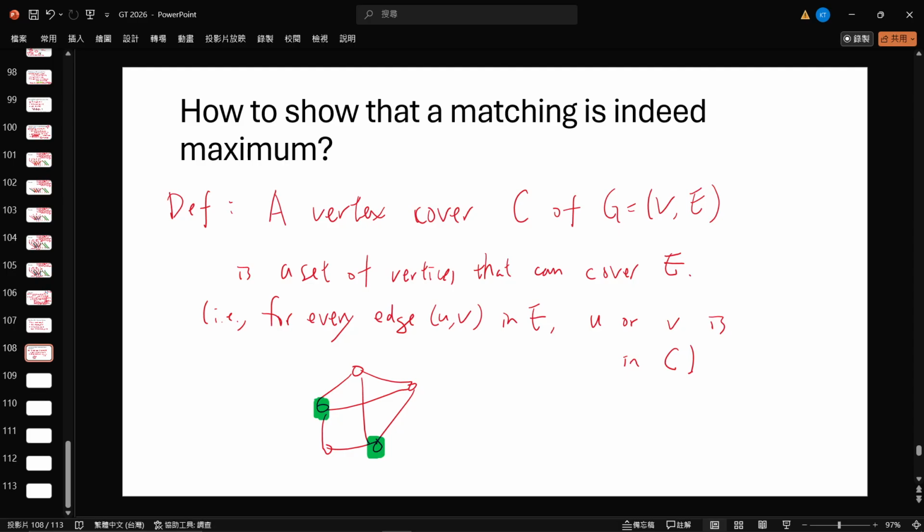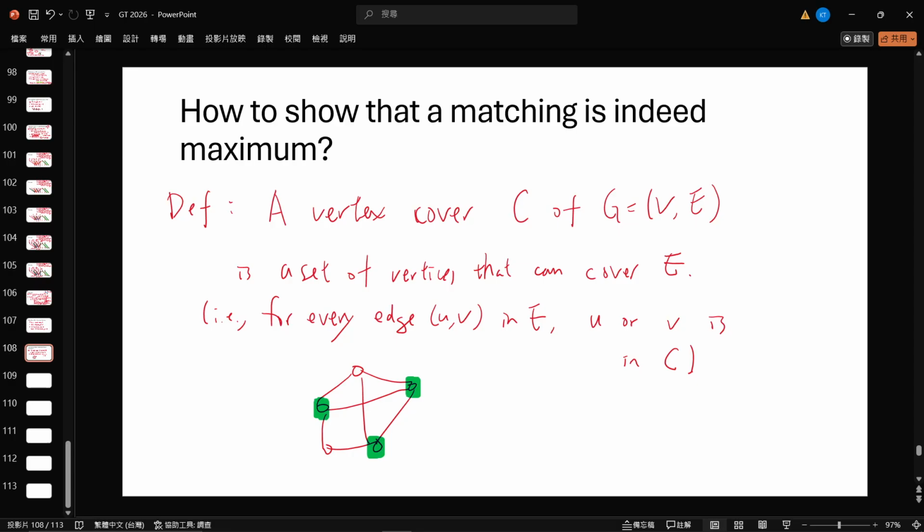So what do I mean by cover every edge? An edge is covered, for example, like this one, if at least one of the endpoints is chosen, okay? So this one is covered. This edge is also covered because we choose this vertex. This edge is covered because we choose this vertex. This one is also covered. So actually you can check every edge in the graph.